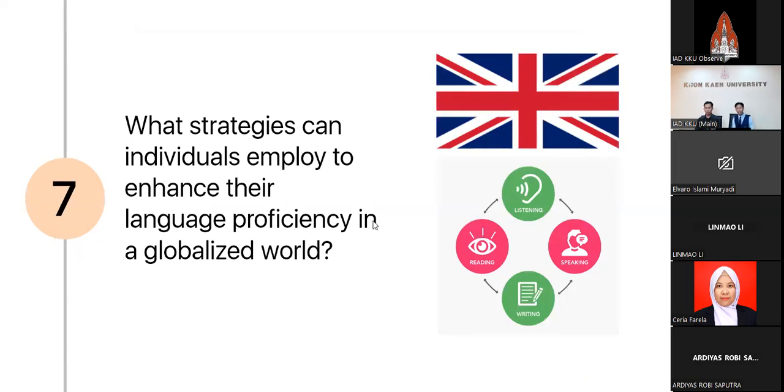And what strategies can individuals employ to enhance their language proficiency in the global world? Okay, so I want to ask you, I believe that you can speak English, right? But what have you done before you reached this level of English? Did you take a course or anything?